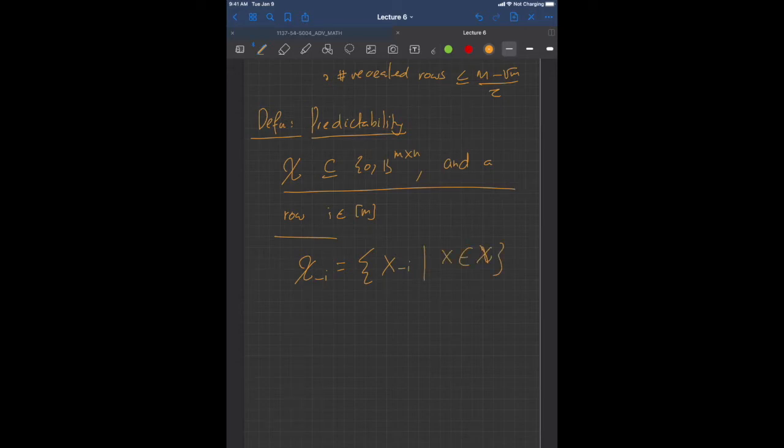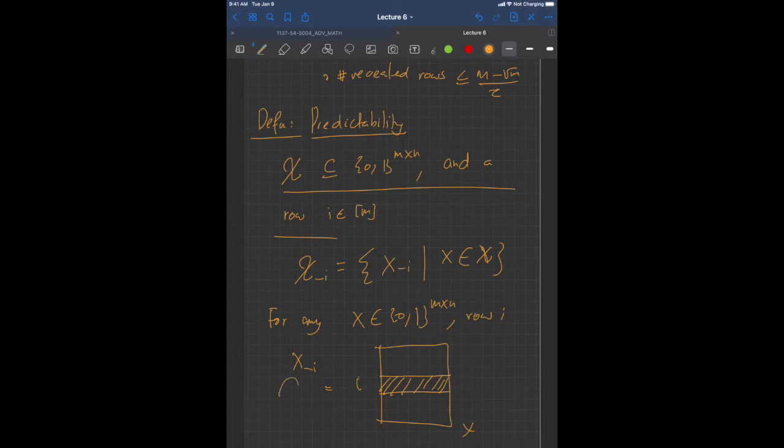So this didn't exactly define the notation because I introduced something else. For any matrix x in {0,1}^(m by n) and a row i, x minus i is this partial matrix: this is the matrix x, and let's say this is the row i. x minus i is the partial matrix where I delete this row and keep all the other rows.